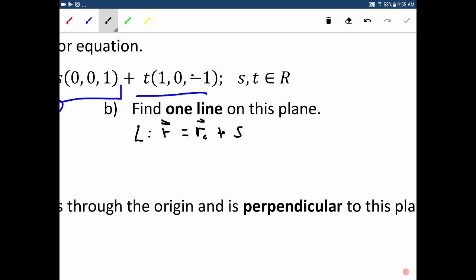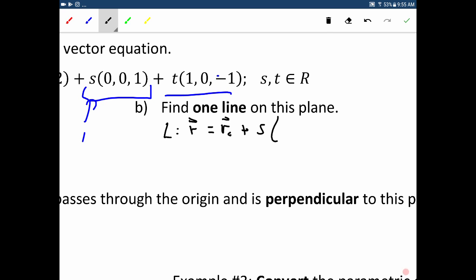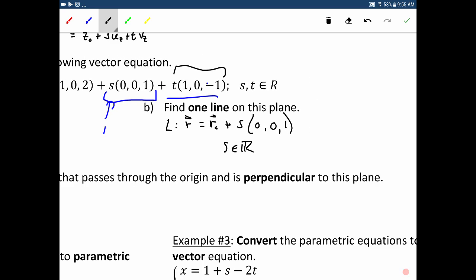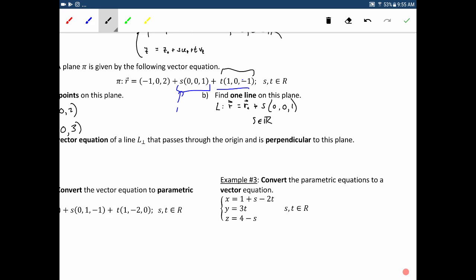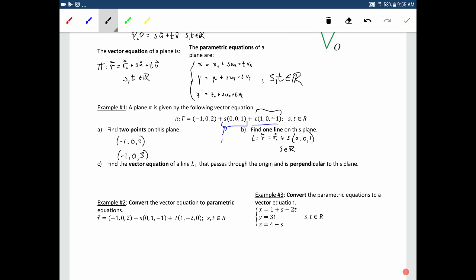Let's add s times 0, 0, 1, where s is an element of the real numbers, and let's just ignore that t component. Let's ignore this second direction vector. And by doing that, it just gives us a line. We could alternatively have used that second direction vector, but it doesn't matter. So that's a nice, easy way to find one line on the plane.